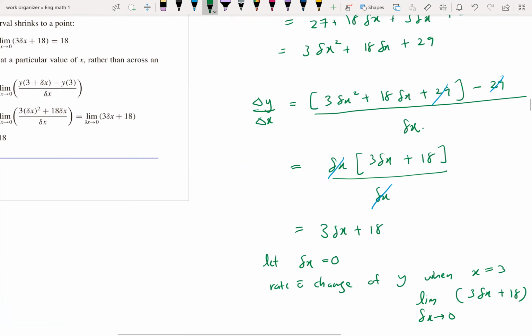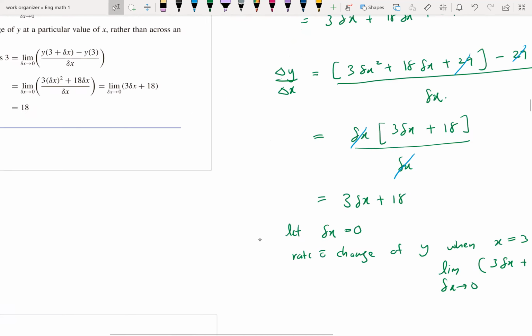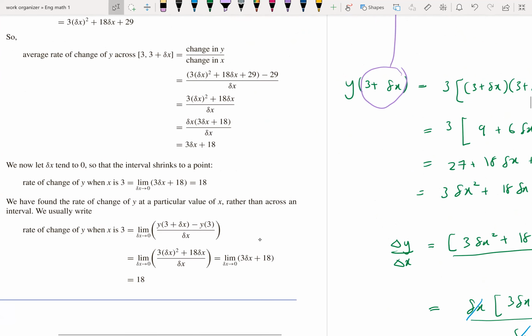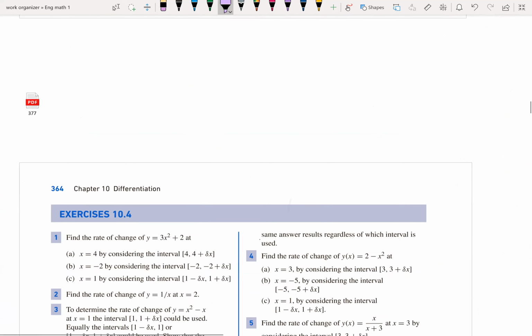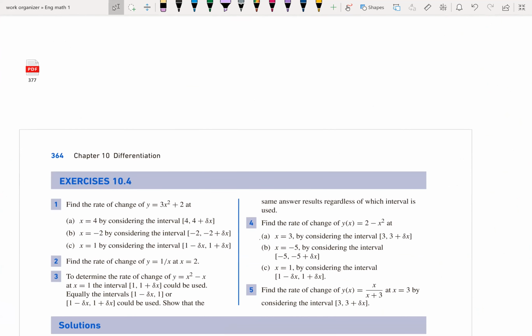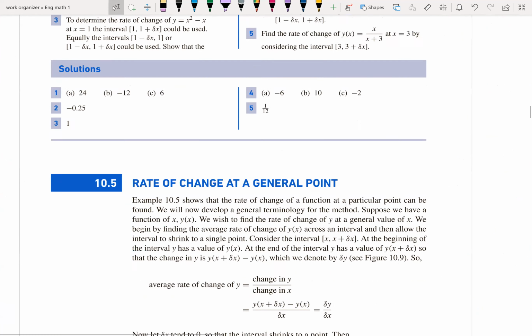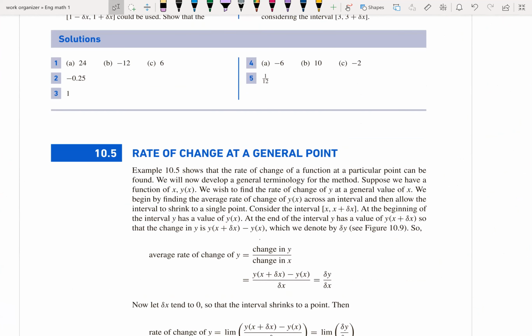So that is the rate of change, which is 18. The rate of change of y when x equals 3 is 18. Then the rate of change at a general point.